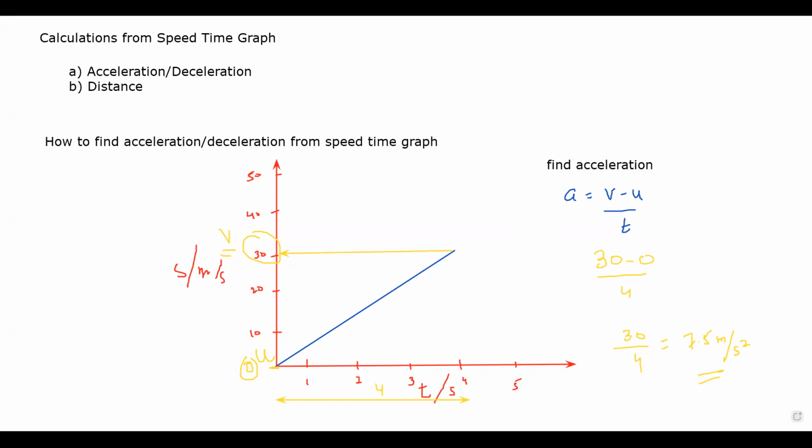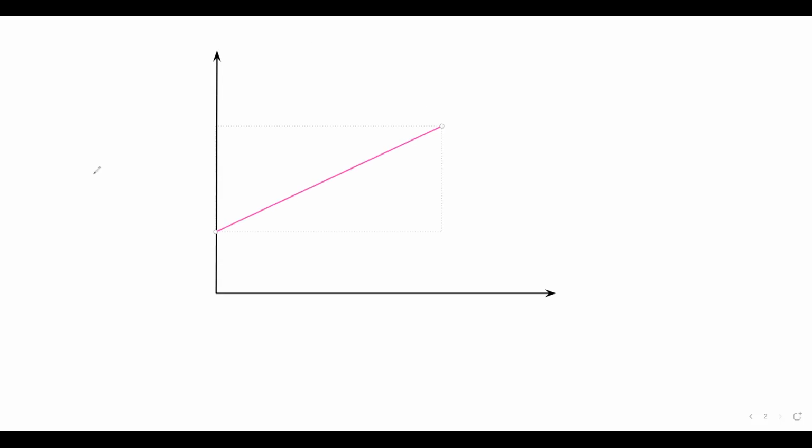In the same way, if you have a graph and this is a line which is representing the change in the speed, so this is 0, 1, 2, 3, and 4, for example.